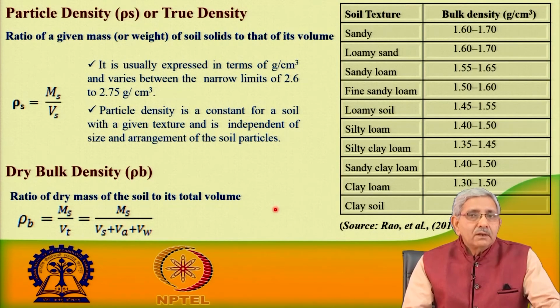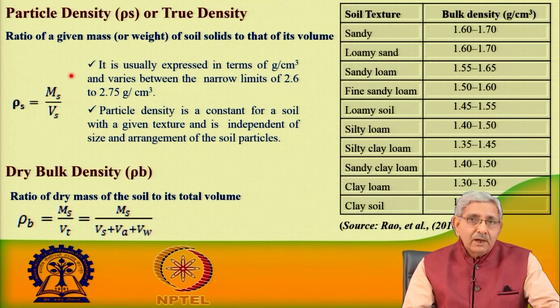These volumes as well as masses can be expressed with certain terminologies which are important when we are giving water. One important parameter is known as particle density or true density. What is particle density? It is given by mass of solid divided by volume of solid.